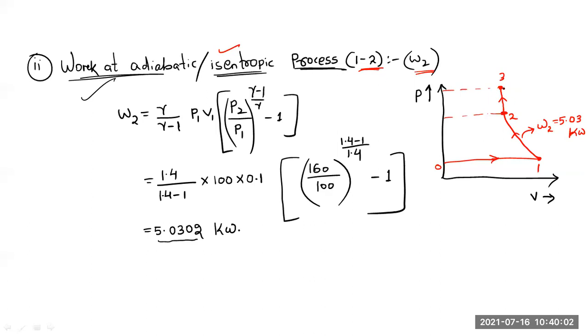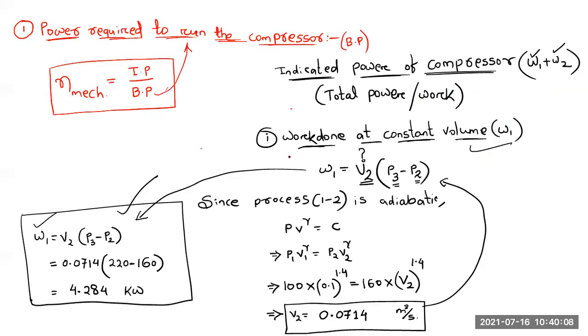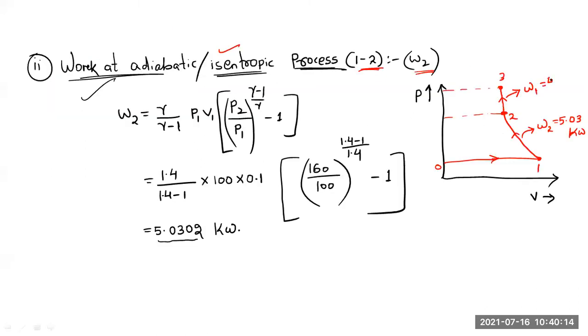Similarly, for process 2 to 3, the constant volume process, the work done is W1, which we have got as 4.284 kilowatts.